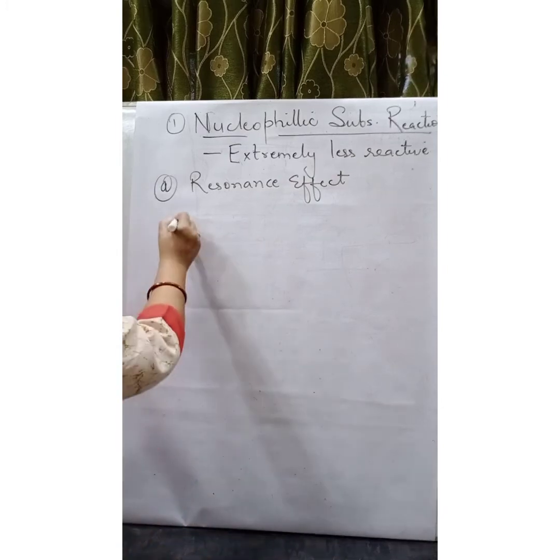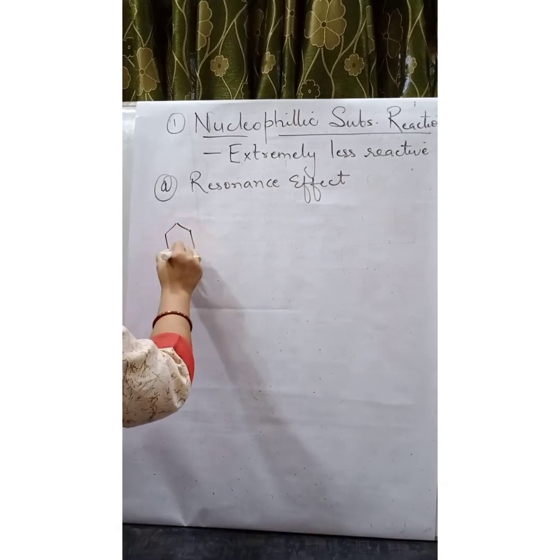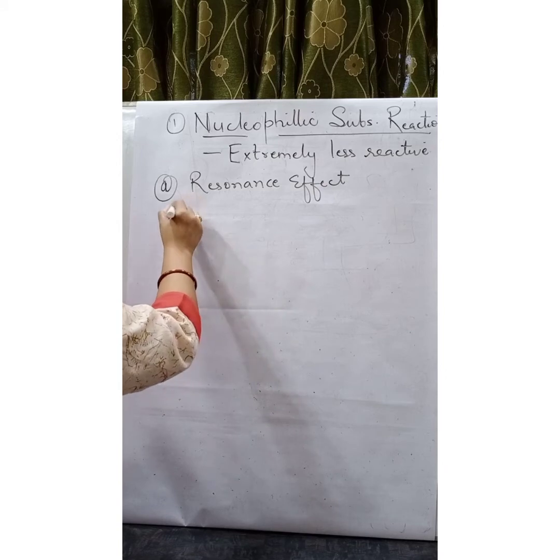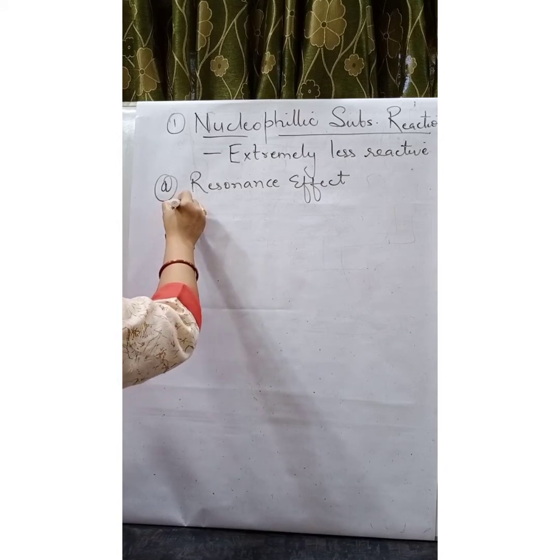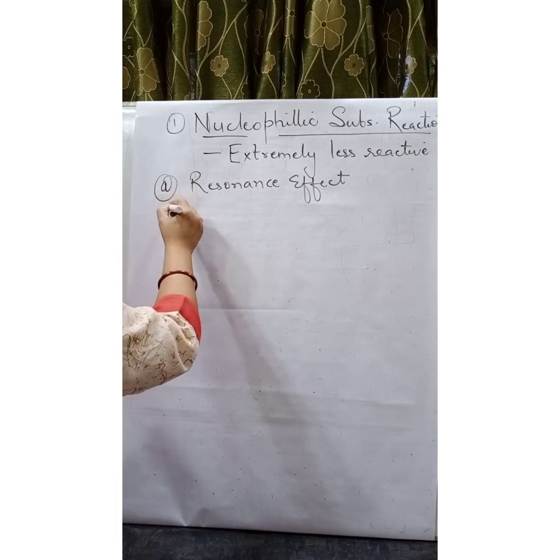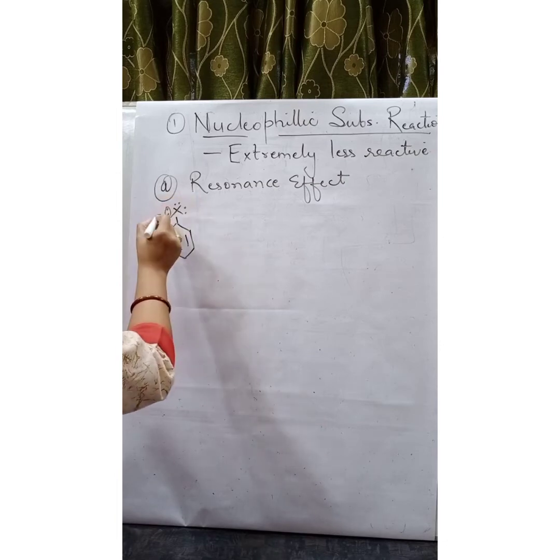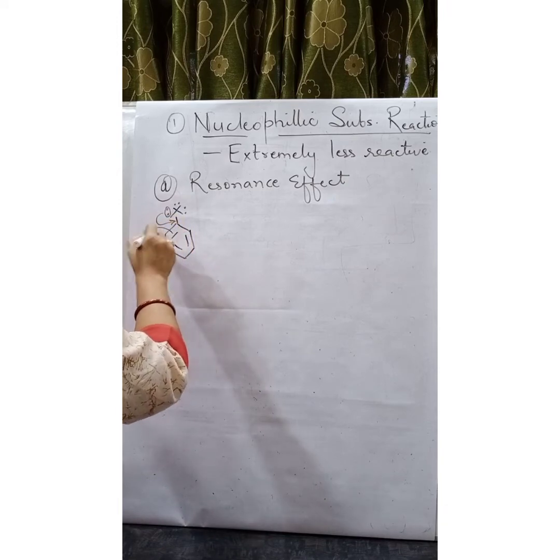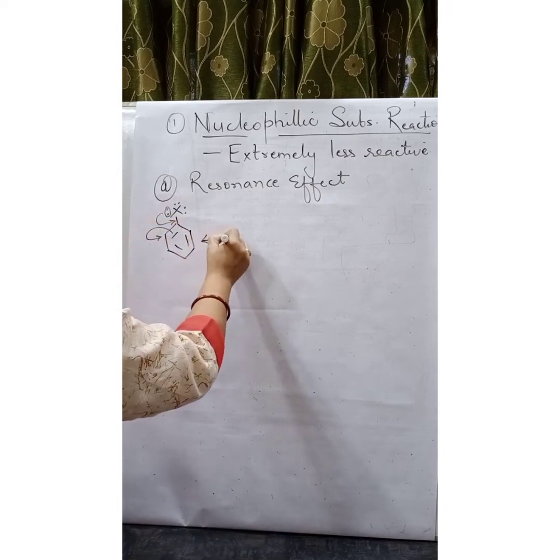Let us see. This is a haloarene having three alternate double bonds in benzene and a halogen attached with 6 non-bonding electrons. One pair of this non-bonding electrons goes on to form a bond here, so immediately the next bond will break and form a lone pair.